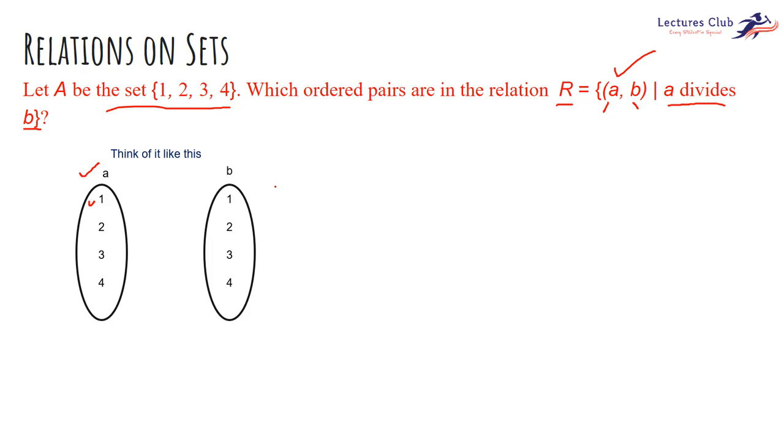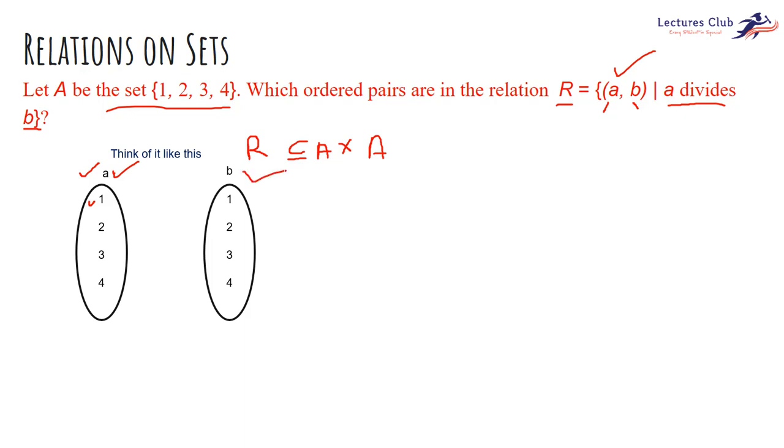Here I am writing the relation R, which is a subset of A cross A. So I have drawn the elements of A, 1, 2, 3, 4, two times. The first represents the elements a and the second represents the elements b.